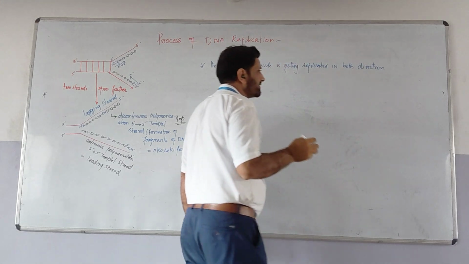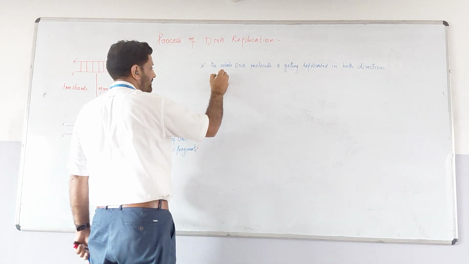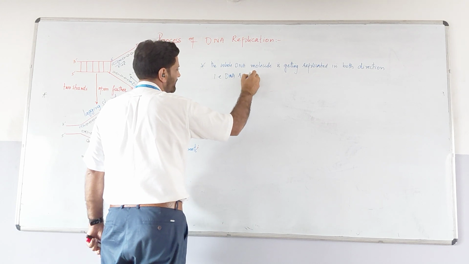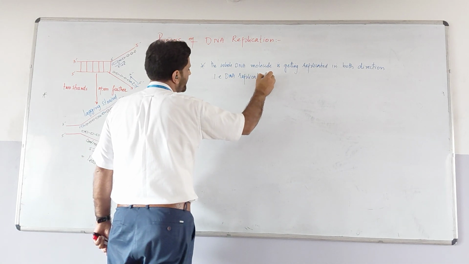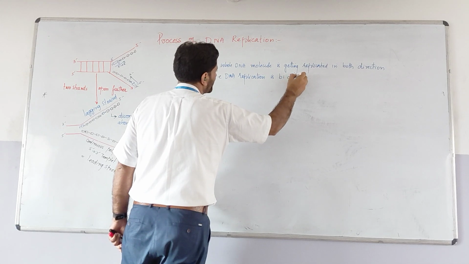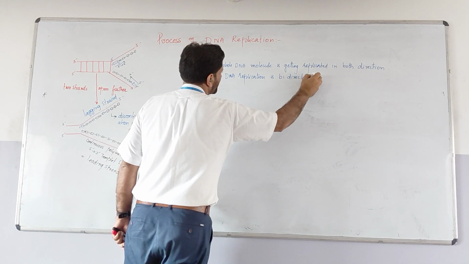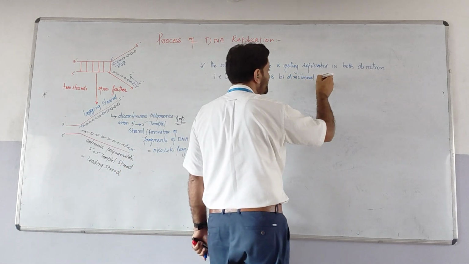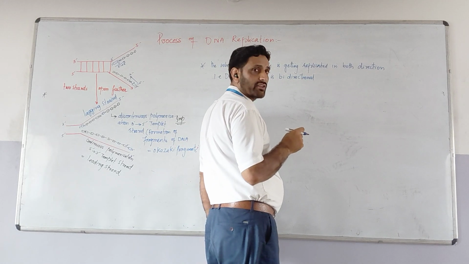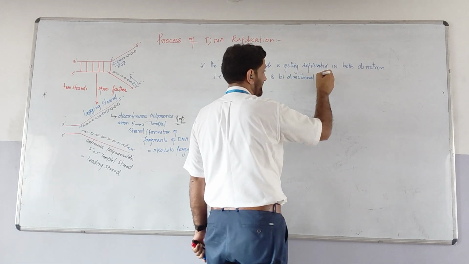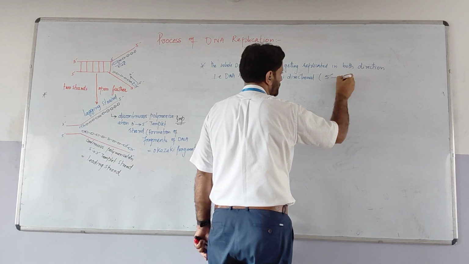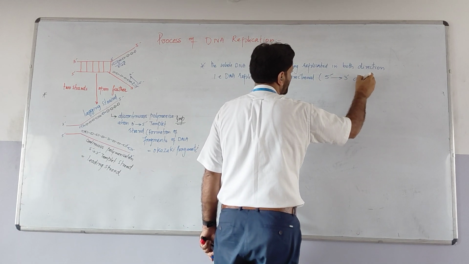That is, DNA replication is bidirectional, and DNA replication always polymerizes the DNA molecule in the 5' to 3' direction.